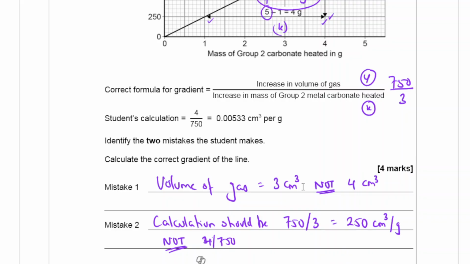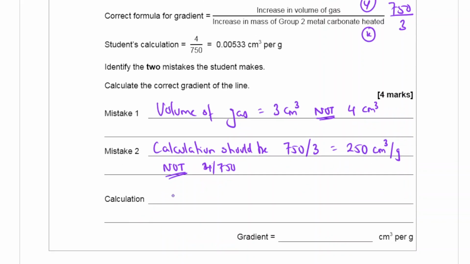So the calculation is 750 divided by 3, that's 250.